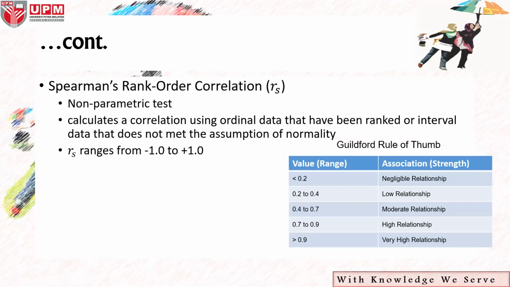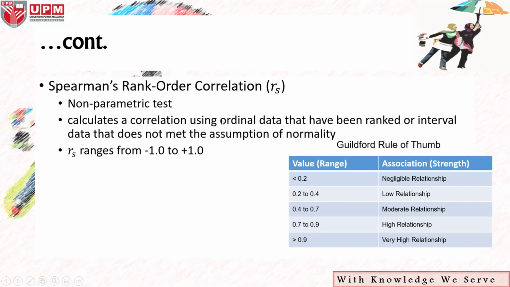Okay, next one is Spearman rank order correlation. The value representation is RS. RS represents the Spearman rank order correlation. Again, the Spearman rank order correlation is a non-parametric statistic that we already discussed in the past slides.